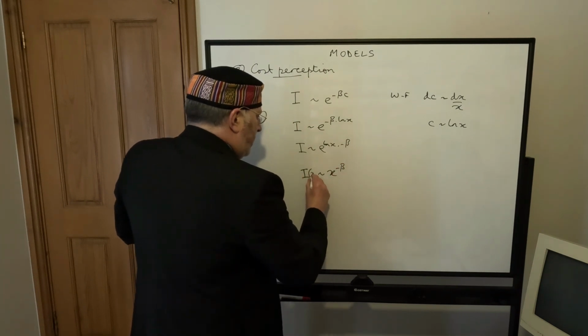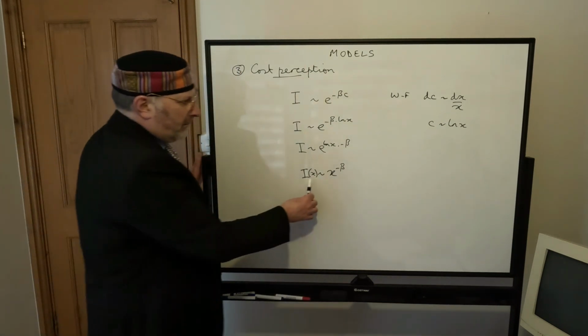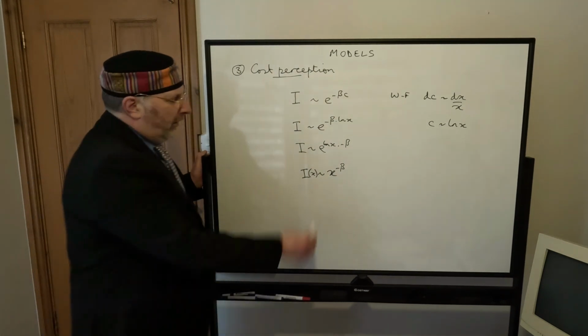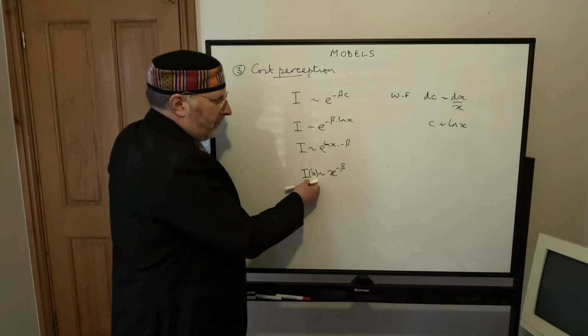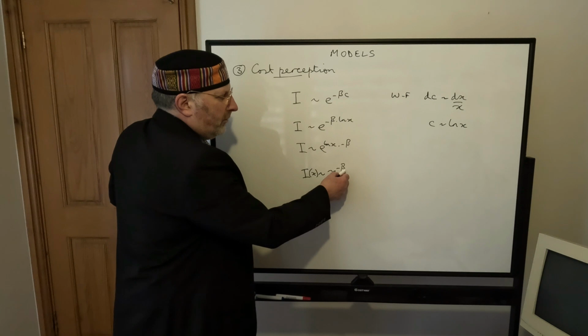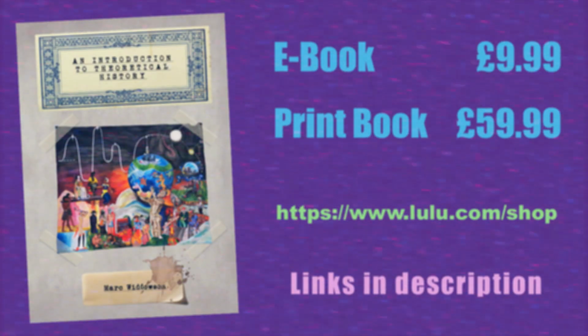So the interaction between places separated by a distance x is proportional to x to the minus beta. So we've got a power law. The interaction over distance x is proportional to x to the power minus beta.